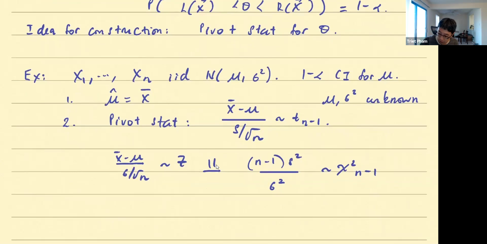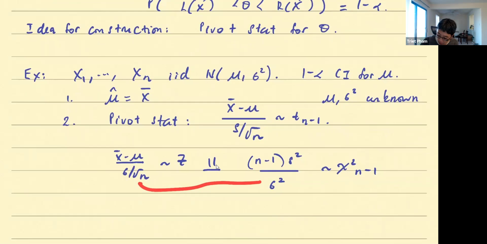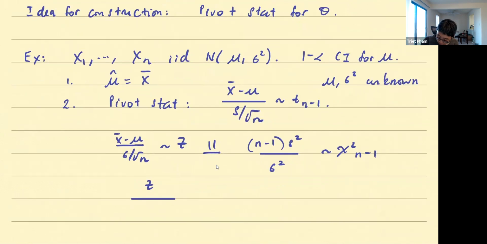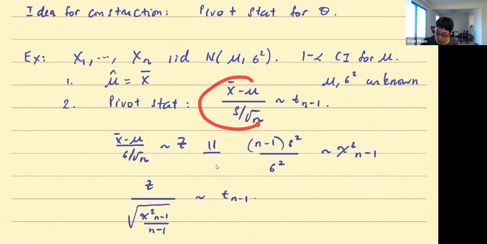So when you form the ratio of Z divided by the square root of chi-square n-1 divided by n-1, that would be T n-1 by the definition of a T distribution. So all of this knowledge goes into construction of the pivot stat.